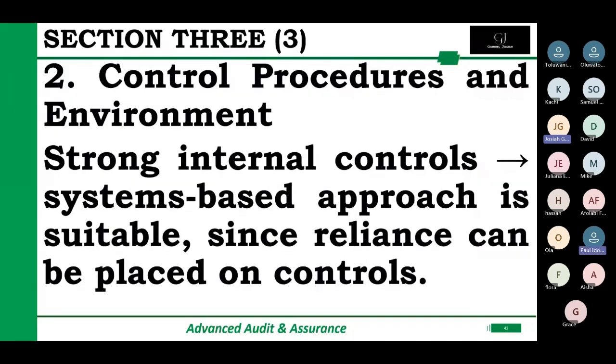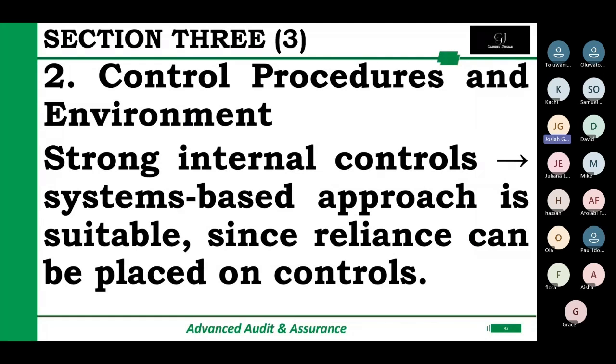Then another factor you need to consider is control procedures and the business environment. How are the internal controls? In assessing the factor of control procedure and environment, a strong internal control system should employ the system-based approach.